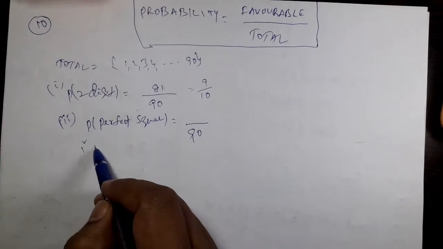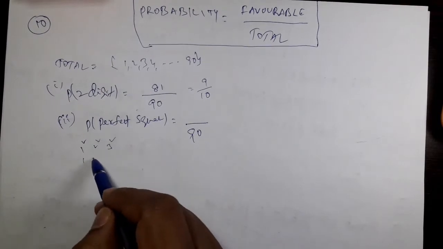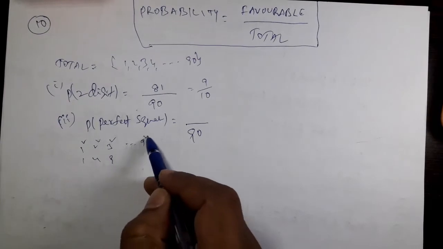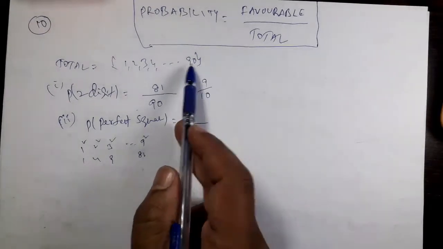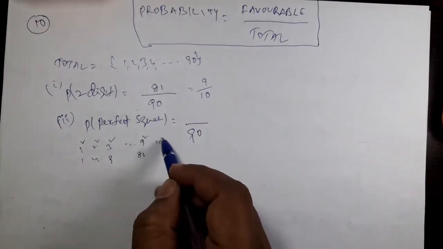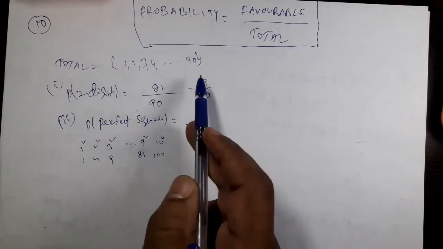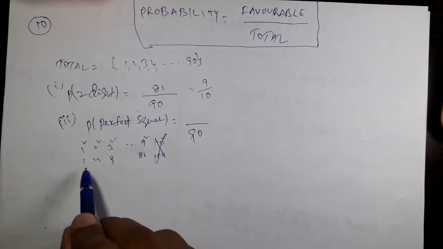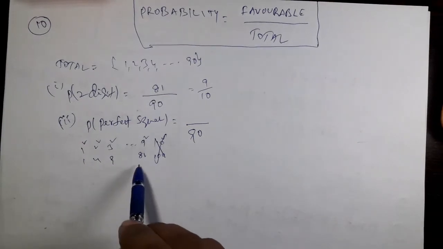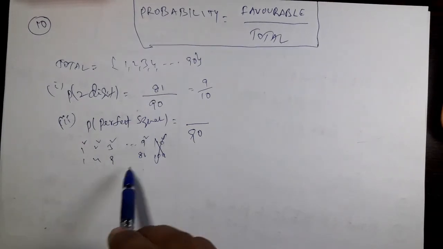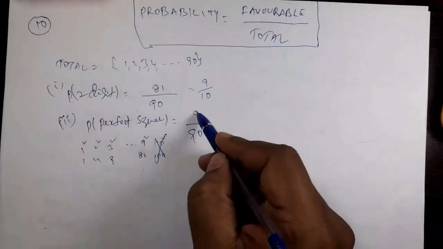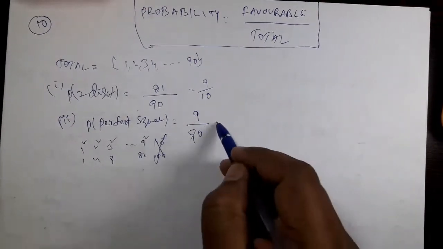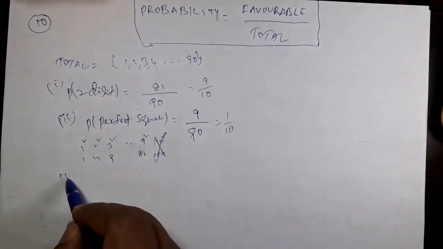Yes, 1 square, 2 square, 3 square: 1, 4, 9, and so on. We know 9 square is 81. 81 is also there in this. 10 square is 100, of course, is not there. So up to 81 we can consider these numbers: 1, 4, 9, and so on up to 81. They are how many? 9 numbers. Those 9 numbers are favorable. So 9 by 90 is the answer for this question.